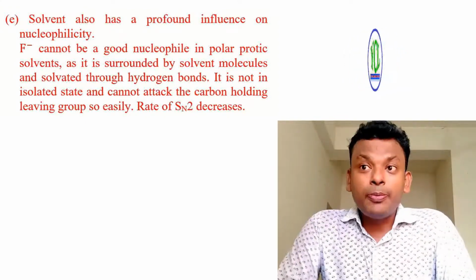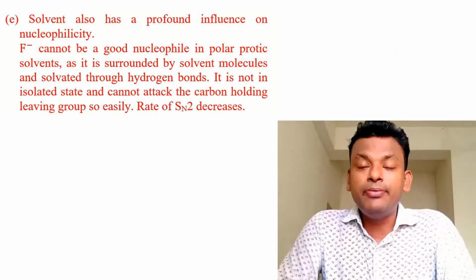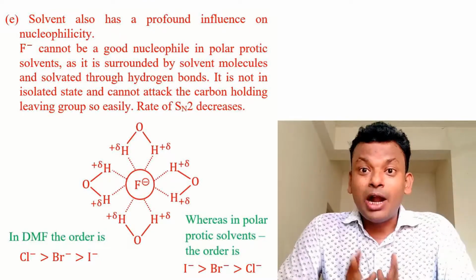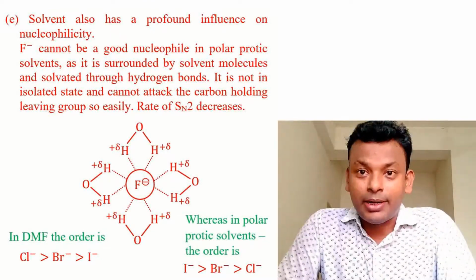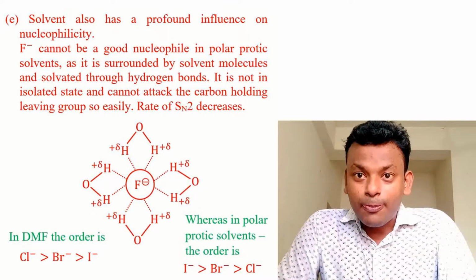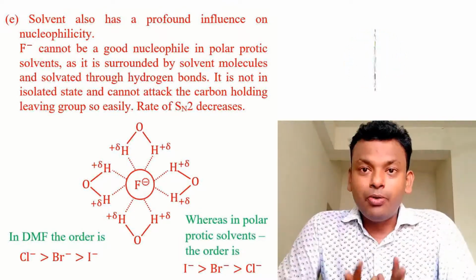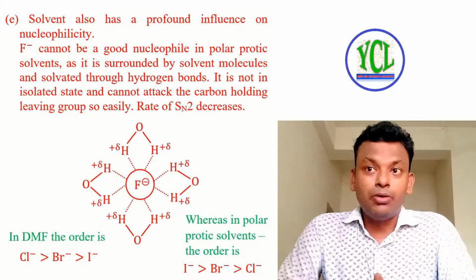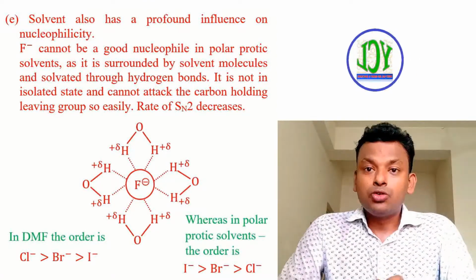So the rate of SN2 reaction decreases. In the given figure, here F negative is surrounded by water molecules, that is, water is a polar protic solvent. So in polar protic solvent, good nucleophiles cannot be good nucleophiles. So here it shows this.